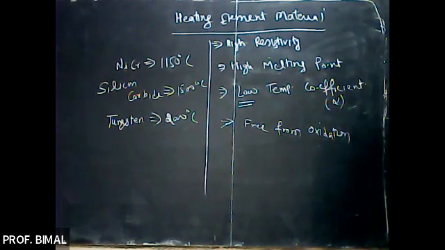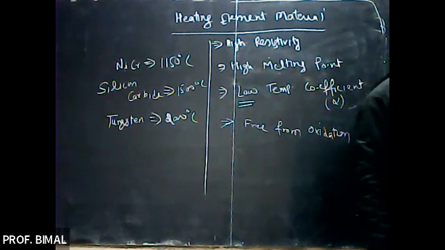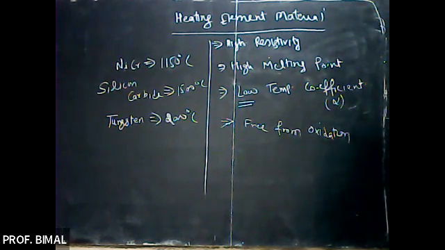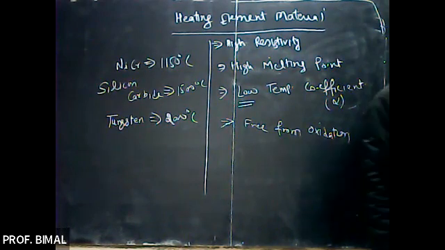Graphite resistors are also suitable for any temperature, but a resistor requires protection against oxidation above about 600 degrees C, right?